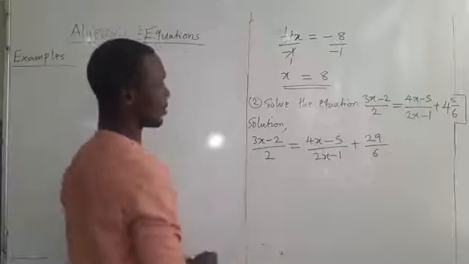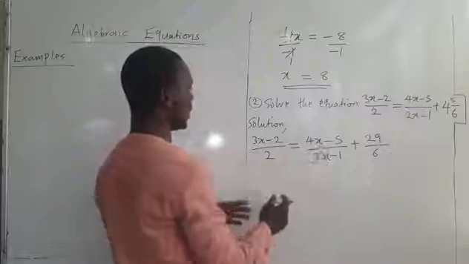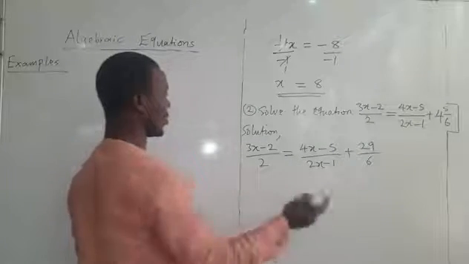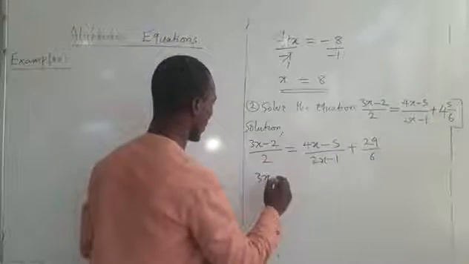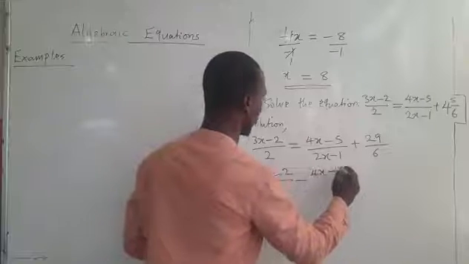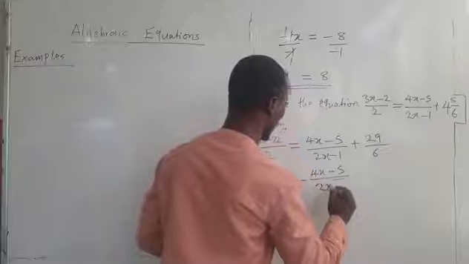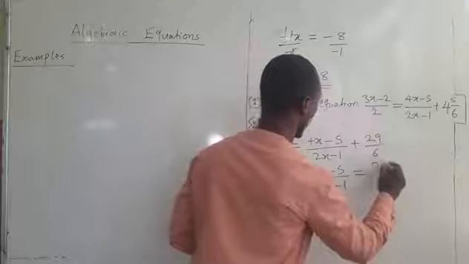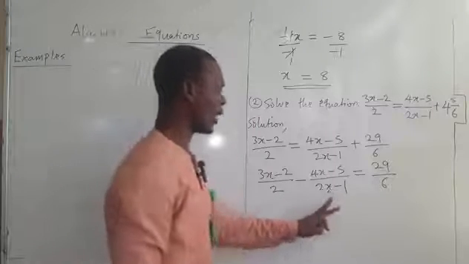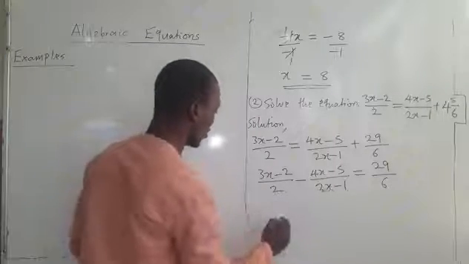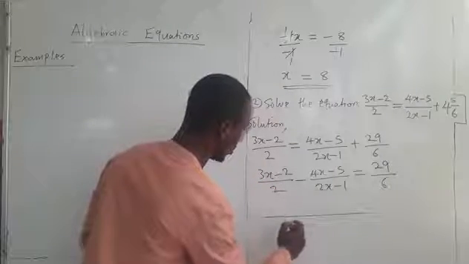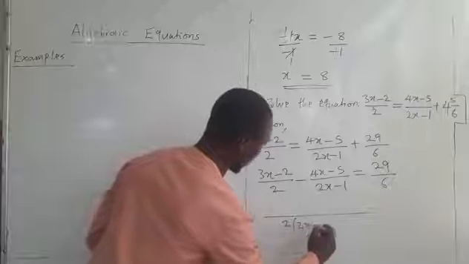So here you can just collect the like terms: let all the fractions with x be on one side, then the one without x on the other side. So we have 3x minus 2 all over 2 minus 4x minus 5 all over 2x minus 1 equals 29 all over 6. You now look for the LCM of 2 and 2x minus 1. The LCM will be the product of the two denominators, which is 2 into 2x minus 1.